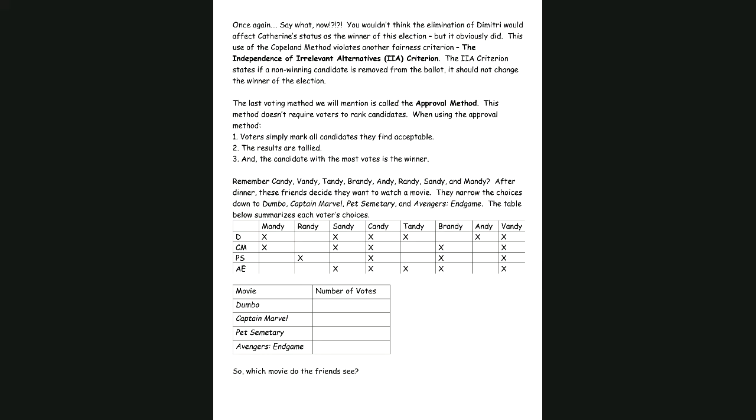Pet Sematary, not as many people wanted to see Pet Sematary. And then Avengers Endgame, Sandy, Candy, Tandy, Brandy, and Vandy wanted to see that. So with the approval method, all you do is tally up the number of votes that each movie got, and the movie with the most votes wins. So how many votes did Dumbo get?